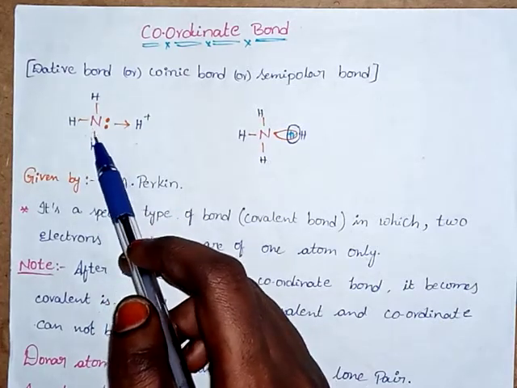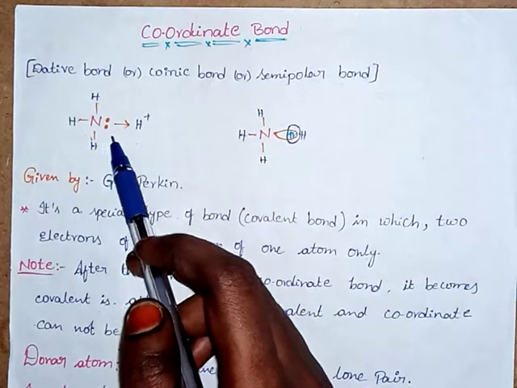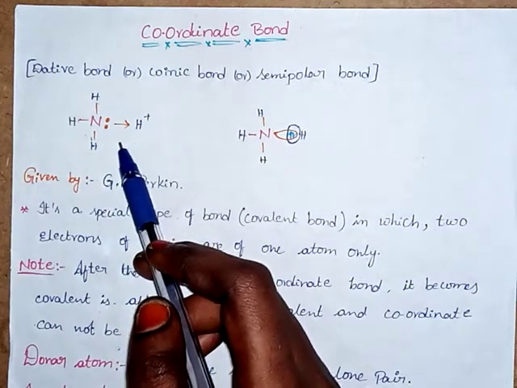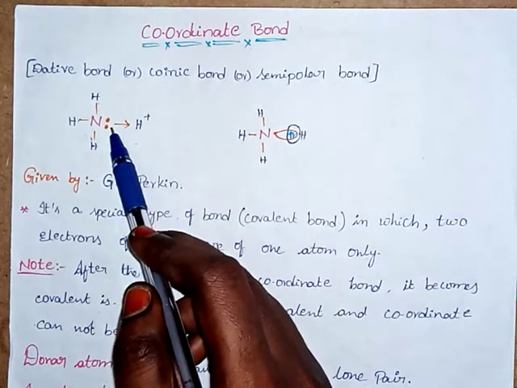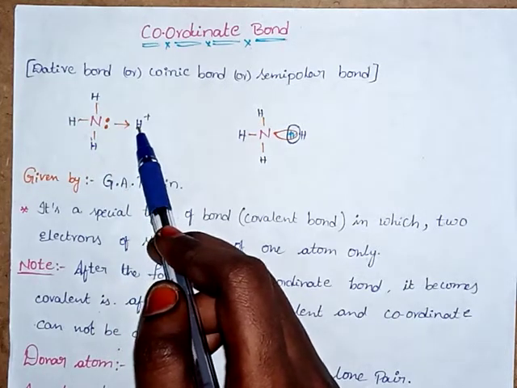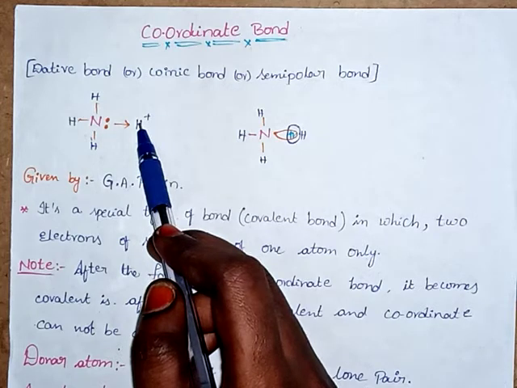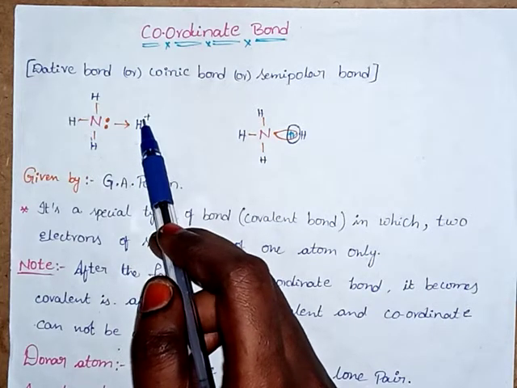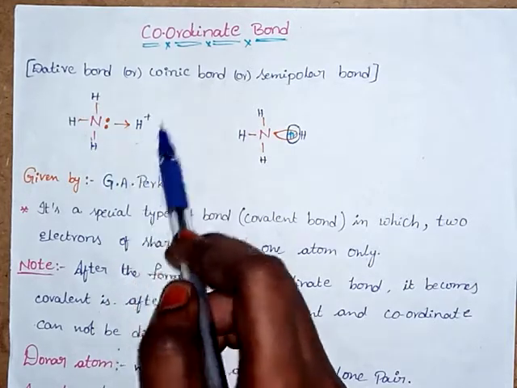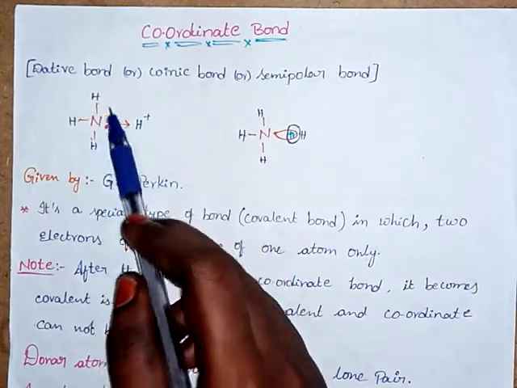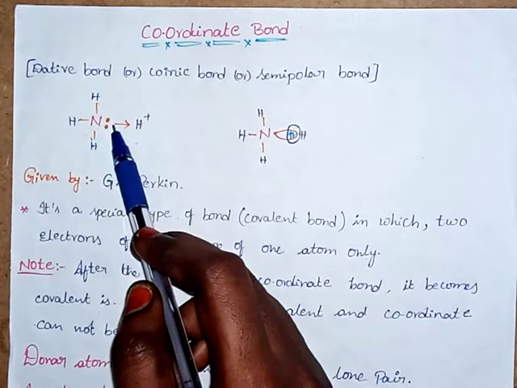Okay, so here two electrons are there. What will these two electrons do? This lone pair will be given to this hydrogen atom. Hydrogen has a vacant orbital, and nitrogen has a lone pair of electrons.